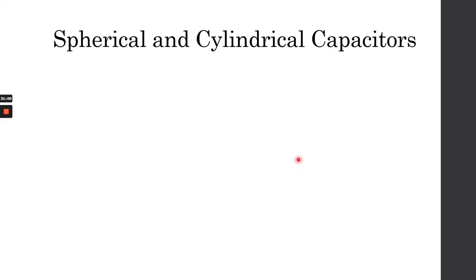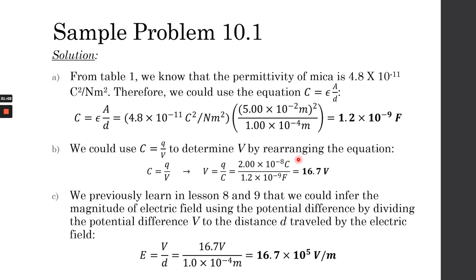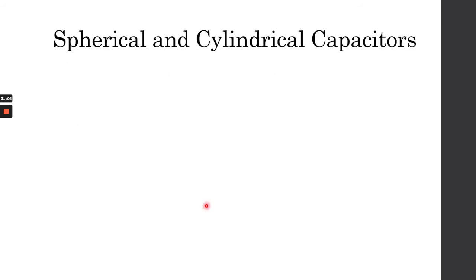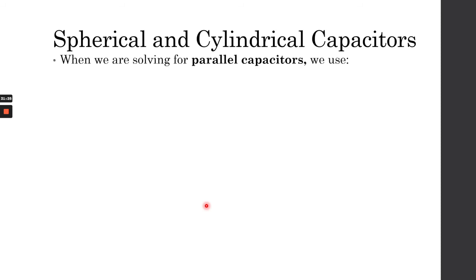Continuing on. The equations that we have talked about so far only work on parallel plate capacitors. But there are some capacitors that are spherical and cylindrical in nature, and we have to use a different equation to solve for the capacitance of these types of capacitors. So far we've learned to solve for parallel capacitors. To solve for the capacitance of a parallel capacitor, we use these equations.